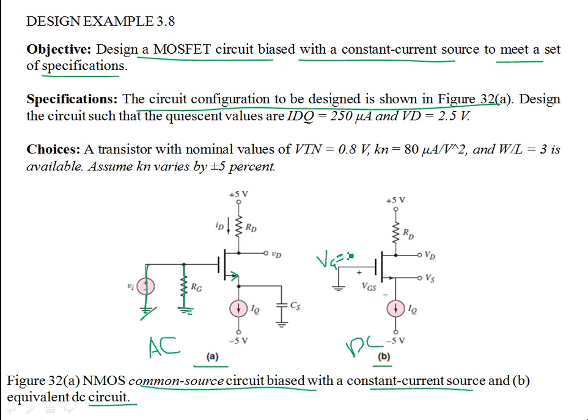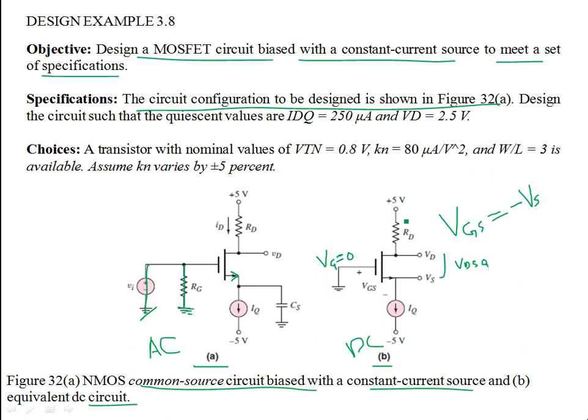VG is 0, but VGS is not 0. VGS and VS are related as VGS equals minus VS. The difference over here is your VDSQ, the standard operating point.